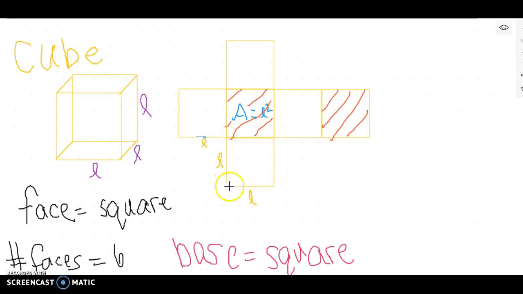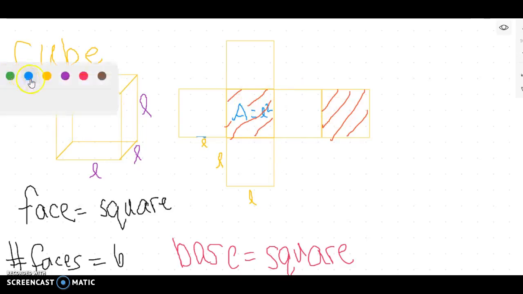We know that this base right here is L, and we know our height is also L. So the area of this square is going to be L squared, because L times L is equal to L squared. Because each one of these figures is exactly the same, because this is a cube, we know that the area of each one of these squares is also L squared. So let's write that on there.